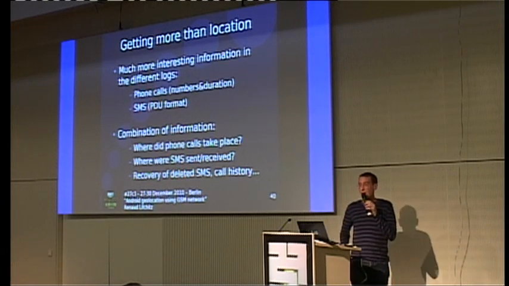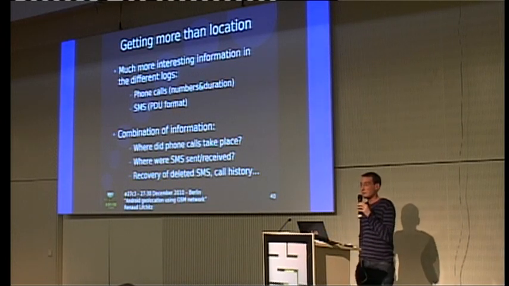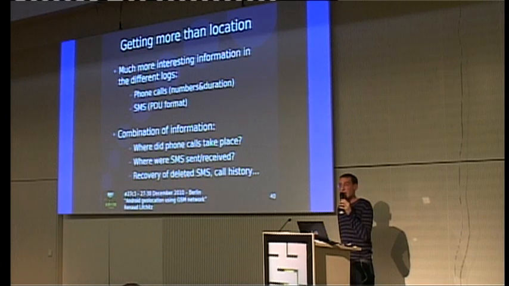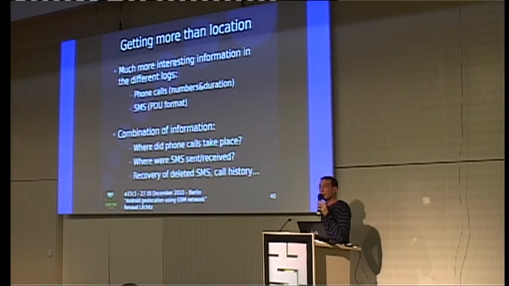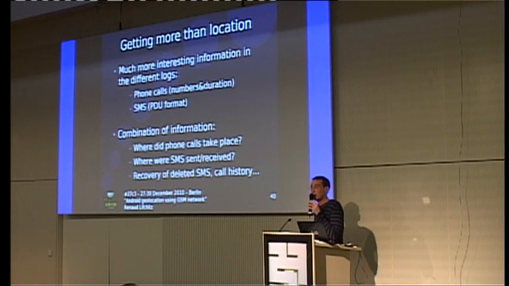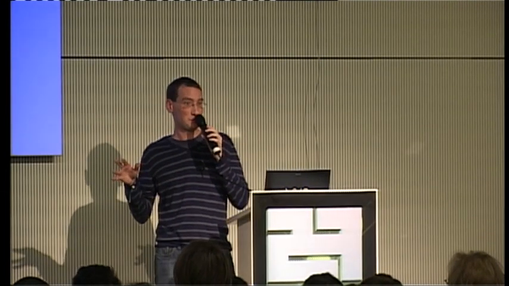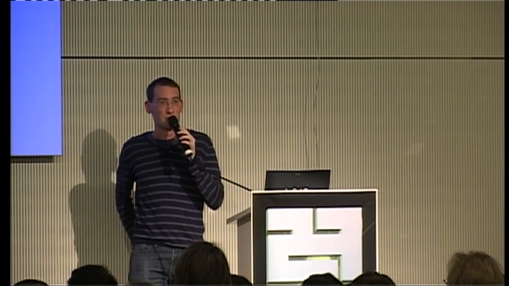They are just encoded in a well-known format, which is the PDU format. So you just have to decode the SMS, but the actual content of the SMS is in the logs. So you have the sender, the recipients, the dates, the time, and the content of the SMS. So you are able not only to geolocate the user, but to collect all phone calls and all SMS messages from the targeted phone.